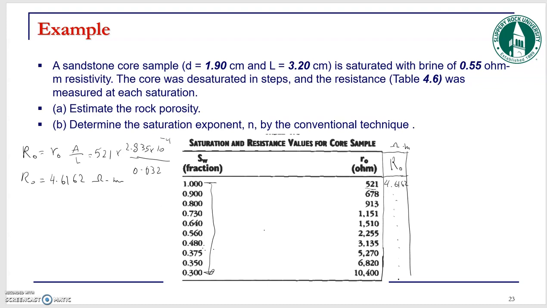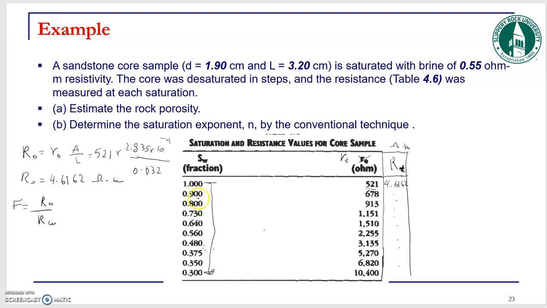The next step is to calculate the formation resistivity factor. For the formation resistivity factor, you can use R0: F is equal to R0 divided by Rw. Now, something confusing about this is that basically it's not actually R0, this is Rt, and these values are total resistivity. Why am I saying that?